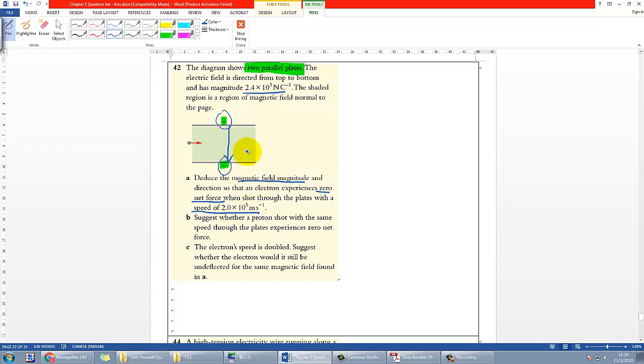So it's not that difficult actually, but it's a very typical classic physics question we have solved in the past. So we have two forces. When the electron enters the region, we have two forces. One must be going up, one must be going down.